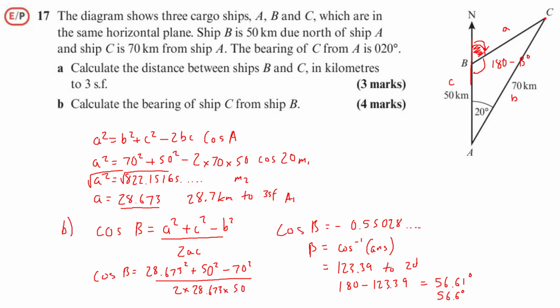Now, what's wrong with this? Because it asks for a bearing, so you would lose a mark here, because bearings are written 3 digits, and that will get you the full mark. So that will get you the full answer mark.